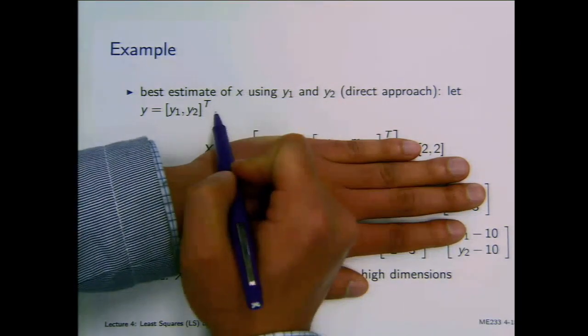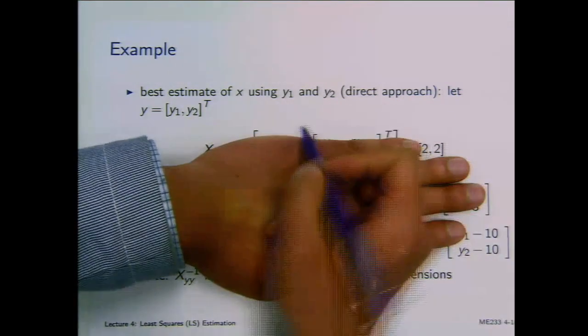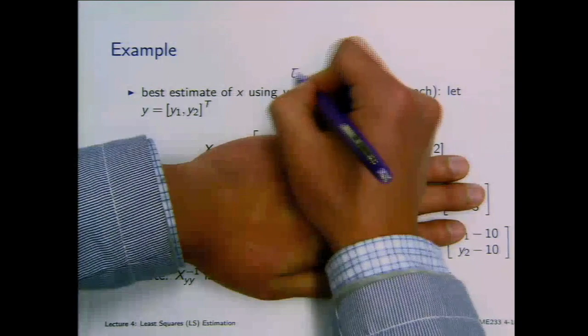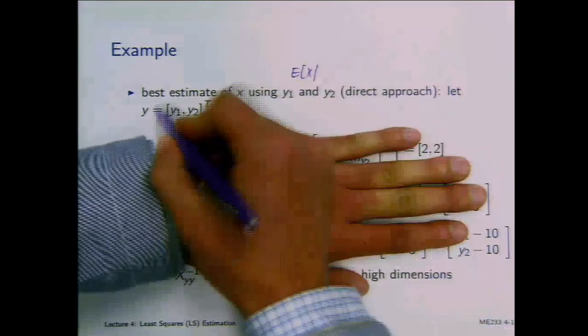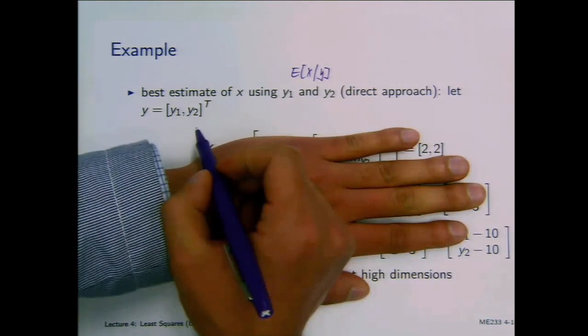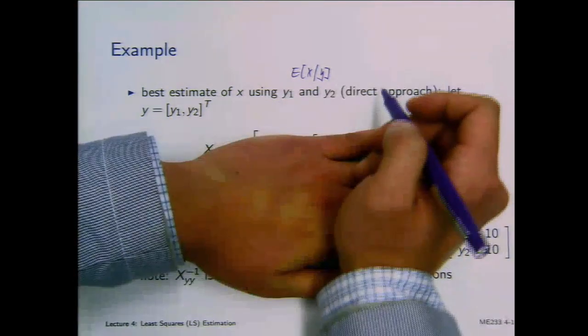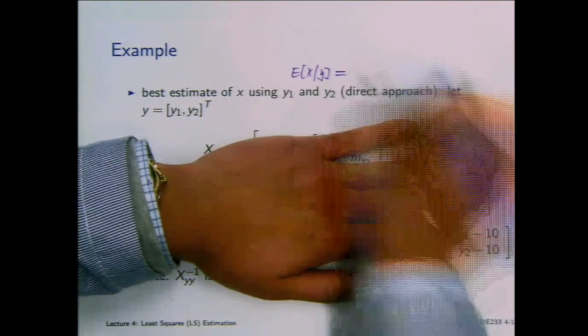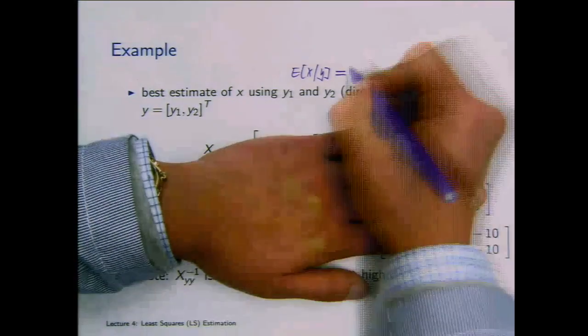The intuitive, straightforward way to do this is going to be the expectation of x given y. This is a vector y, right? What should be the expression for this? So check your notes.